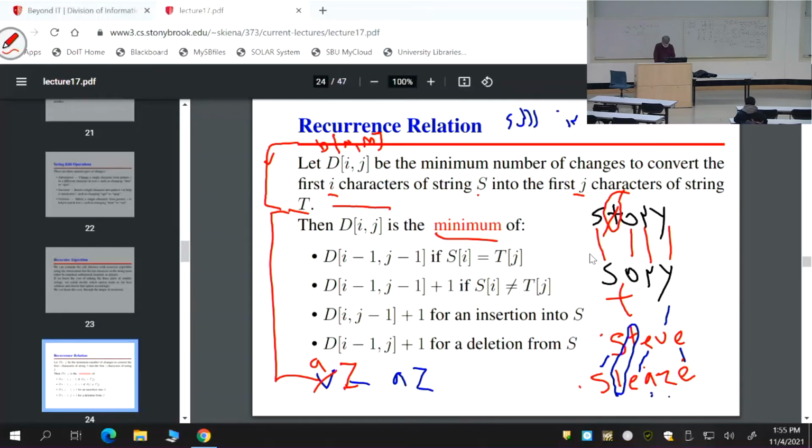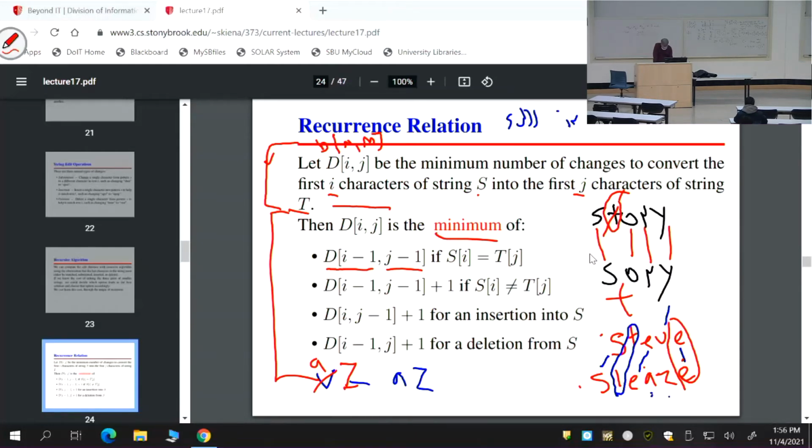To map Steve to sleeves, if the last characters match, we might decide that the cost is going to be nothing for the last match, but then we have to recursively solve a problem on one less top character and one less bottom character. Okay?